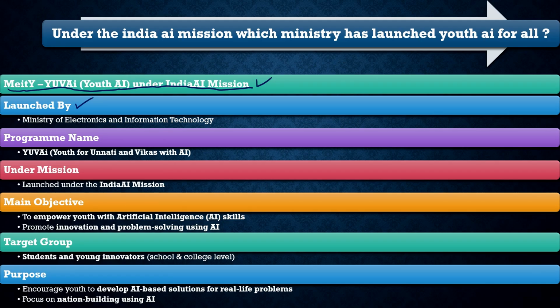And the full form here: Ministry of Electronics and Information Technology. Okay, and program name, we've already mentioned, it is for Unity and Vikas with AI. Its main objective was to empower youth with artificial intelligence skills and to promote innovations and problem solving using artificial intelligence, right?